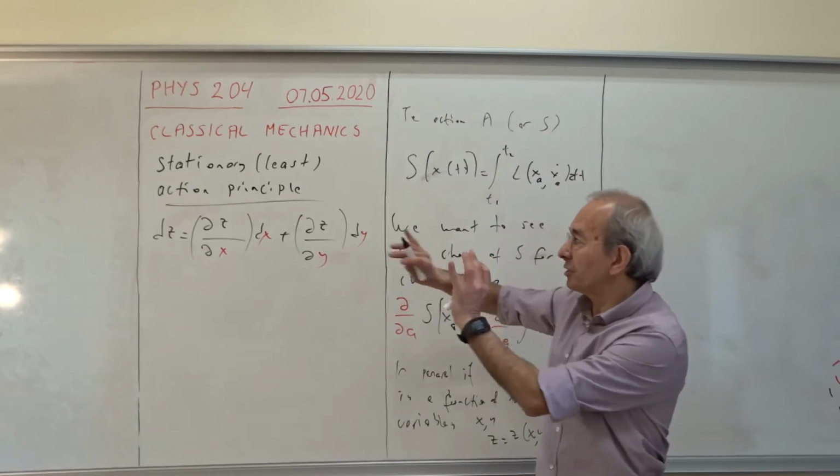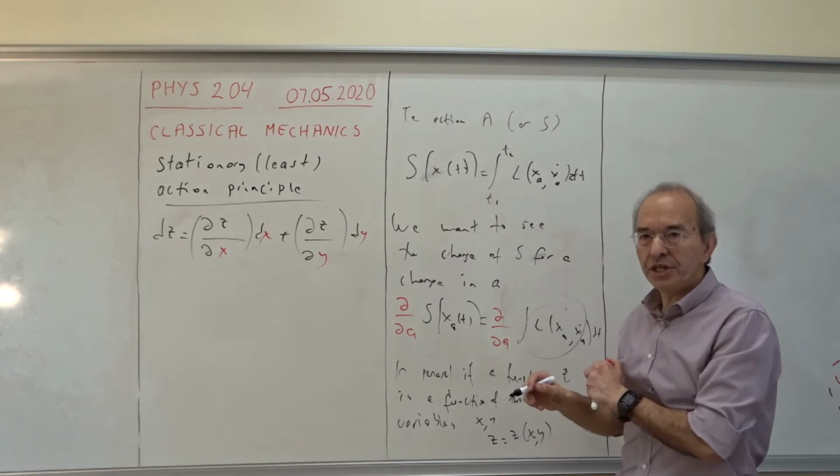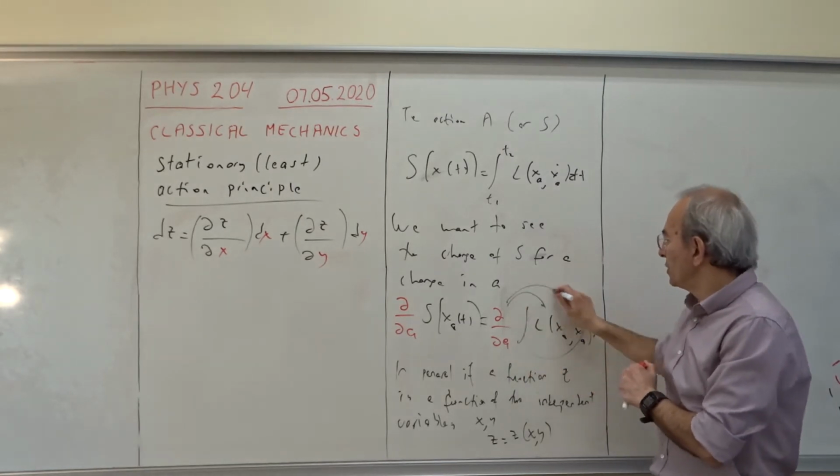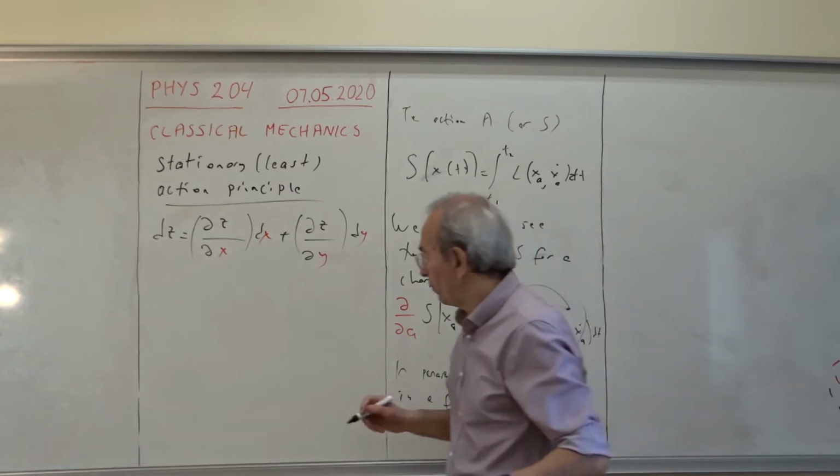Alright, if you apply this simple idea to the case of the Lagrangian here, and this derivative is now applied with respect to x_a and x_a dot, what happens?